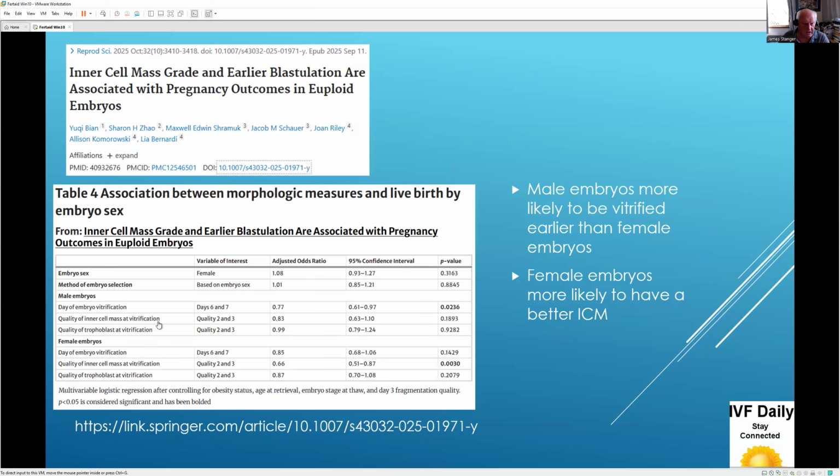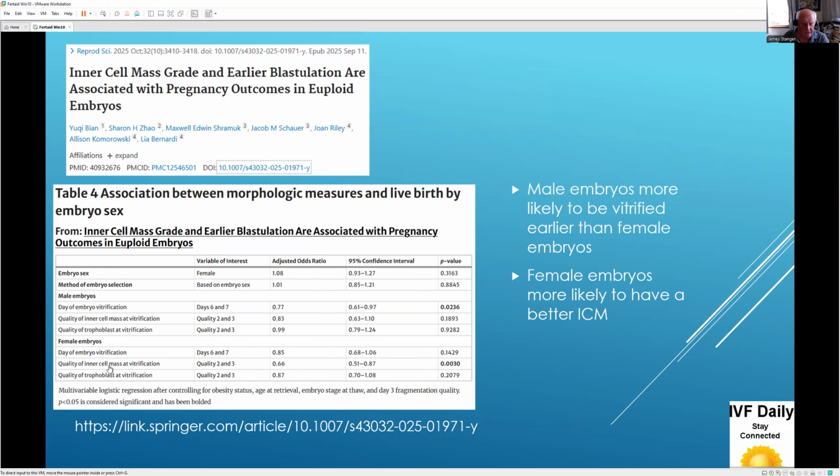You can see here that male embryos that were growing slow had a significantly lower chance of pregnancy compared to day 5. But the quality of the inner cell mass in this group was not significantly associated with a live birth. And interestingly enough, when you look at female embryos, the day of vitrification, day 6 and day 7, was not associated with any increase or decreased chance of pregnancy.